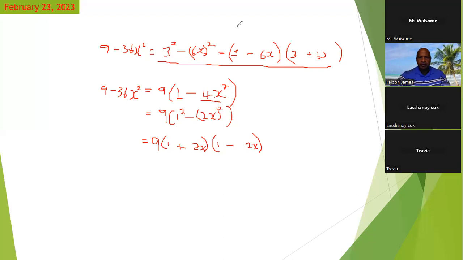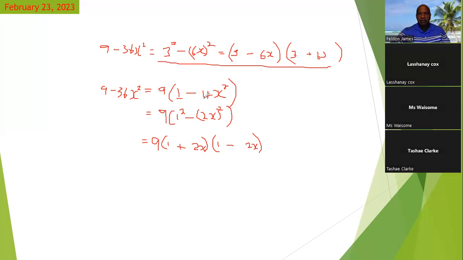Sir, I understand. Yes, sir. All right. And then from there, we write the 4x squared with the 4 in its square form, which is 2. So instead of 4, we get 2x squared. And that's how we end up with this. All right, good.